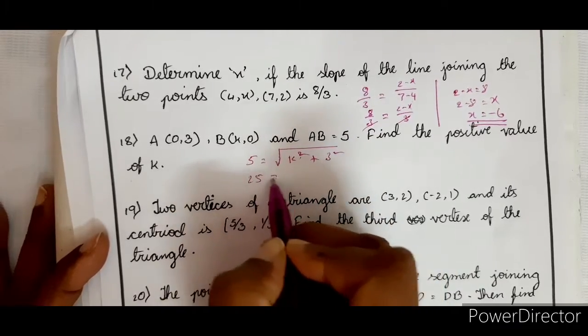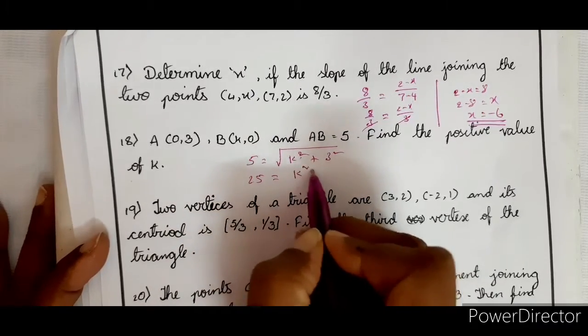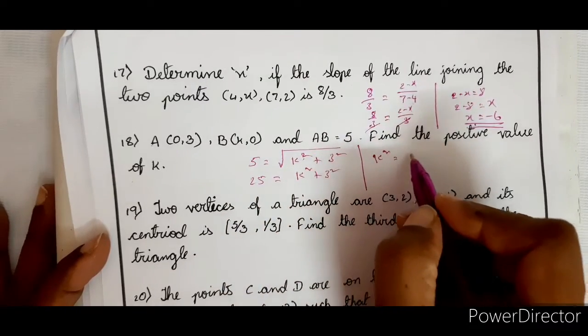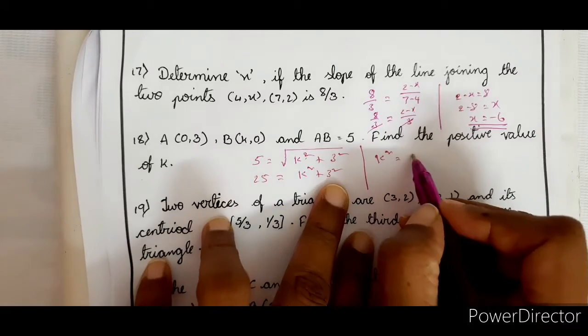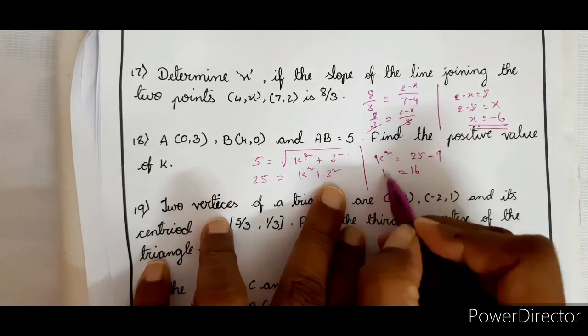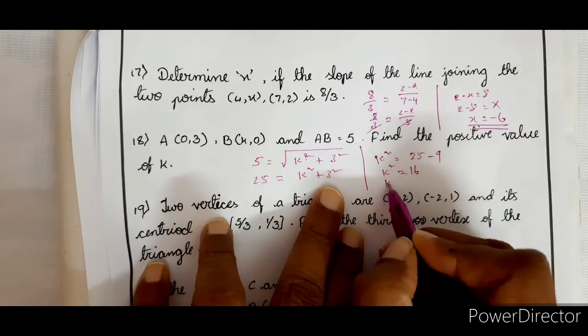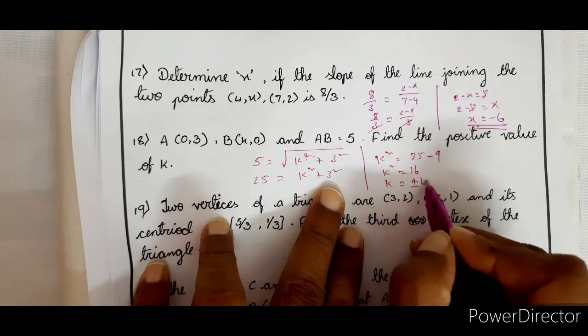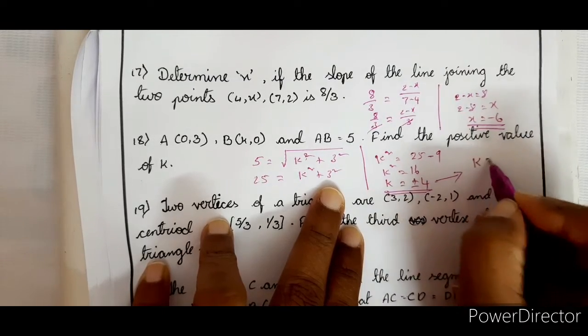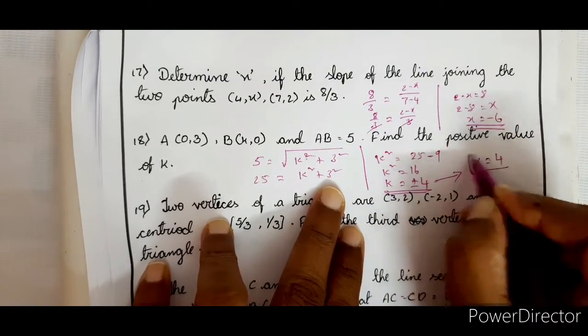Squaring on both sides, you will get 25 is equal to k square plus 3 square. So therefore k square is equal to 25 minus 3 square. 3 square is 9, so that is equal to 16. K square is equal to 16 implies k is equal to plus or minus 4. Here only the positive value you have to take. Therefore, k is equal to plus 4.